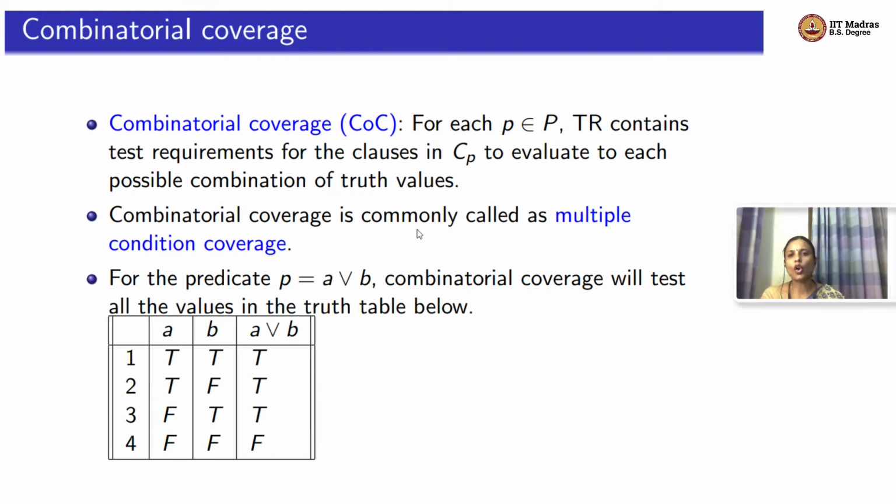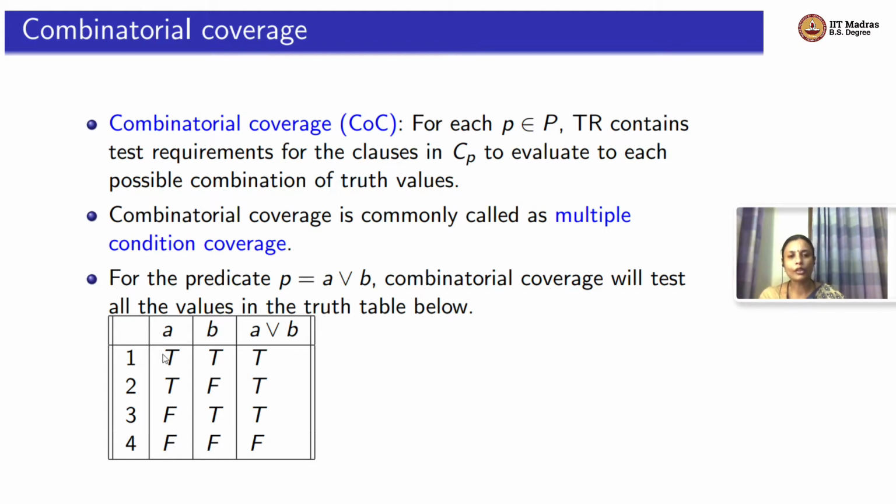Combinatorial coverage is commonly called multiple condition coverage. What we mean by that is take every possible assignment of true false values and make the clauses true once, false once, all possible combinations, and test for the entire truth table.